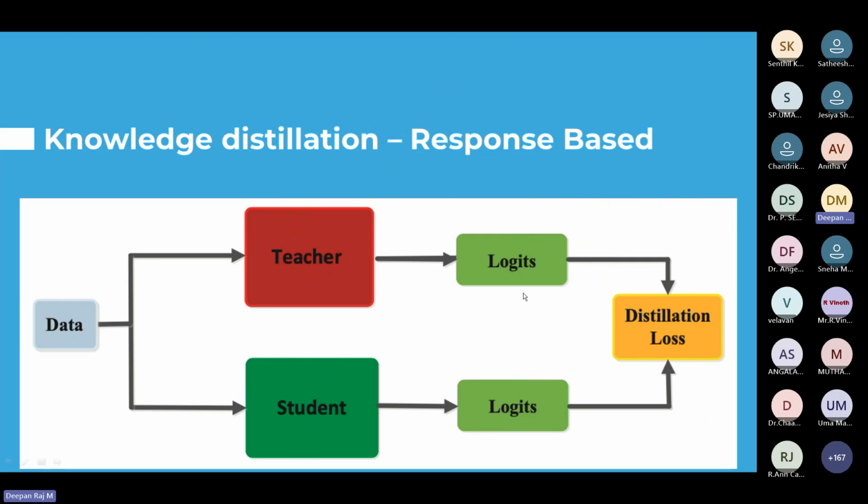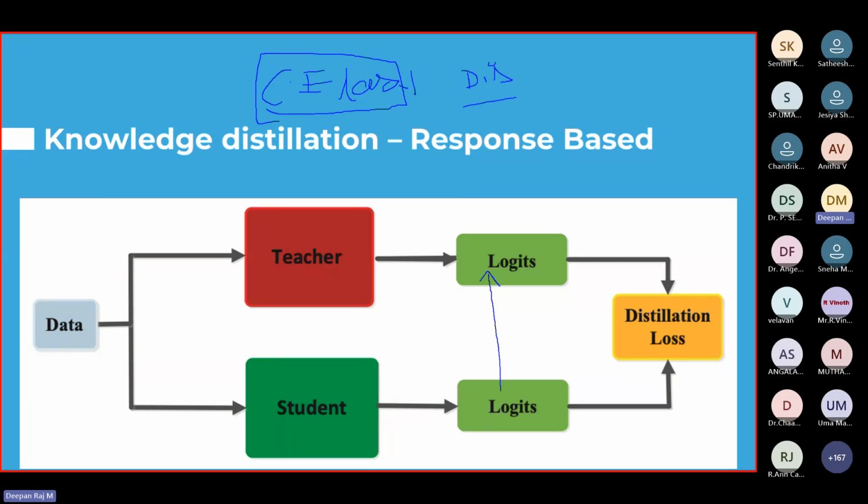So the loss will look like something like this. You will have cross entropy loss plus distillation loss. The cross entropy loss is focused towards the student network only. There is no connection between student and teacher. But this distillation loss will focus on how the student is performing in terms of the output of the teacher, so how close these two are.